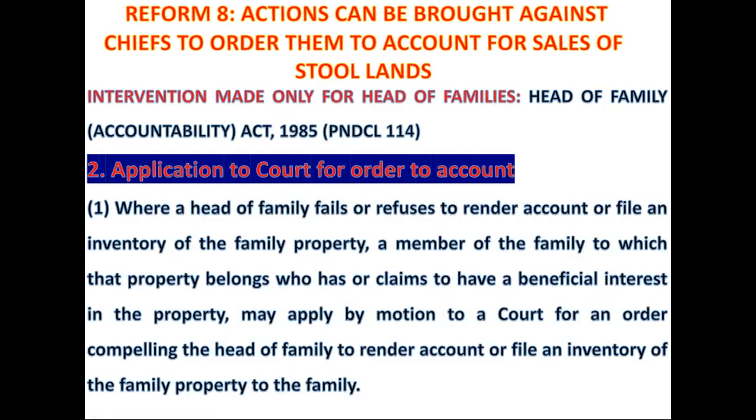It says, where a head of family fails or refuses to render account or file an inventory of the family property, a member of the family to which that property belongs, or who has or claims to have a beneficial interest in the property, may apply by motion to a court for an order compelling the head of family to render accounts or file an inventory of the family property to the family.